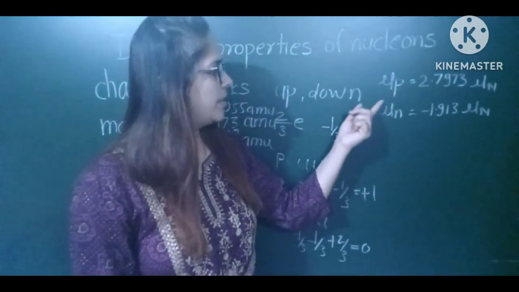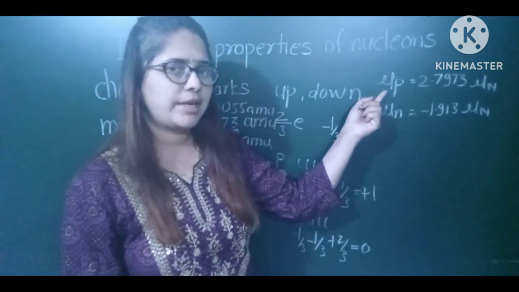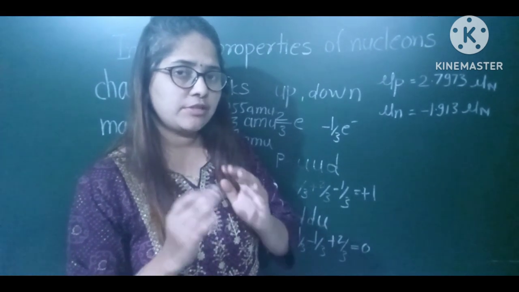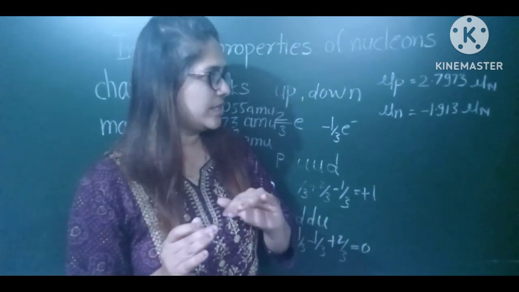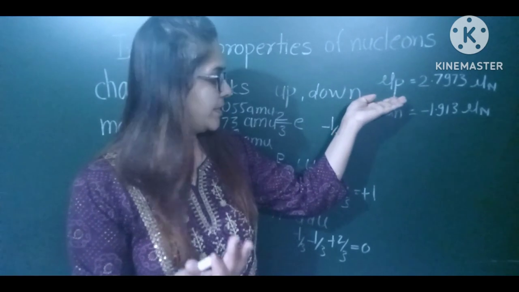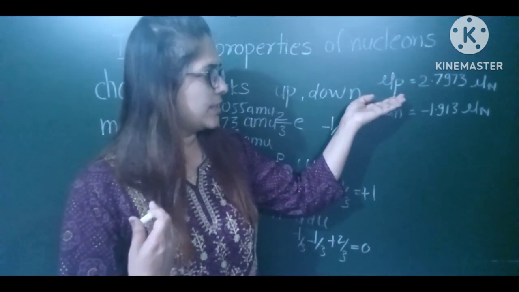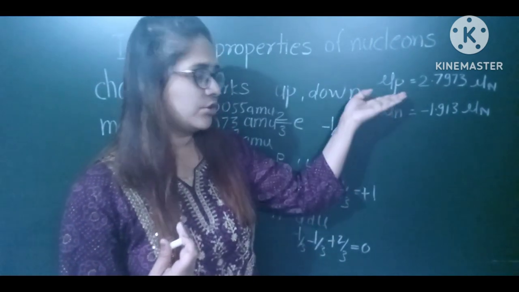Now I have written the formula for the magnetic moment of the proton, which is created due to the rotational and vibrational mode of the nucleus. This proton is present inside the nucleus, so there must be motion of the fractional charges on the proton.